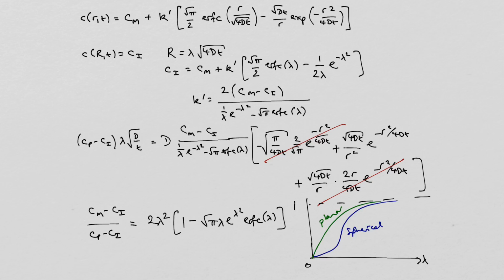Okay, so for a given value of the right hand side, the spherical geometry will have a larger value of lambda than the planar geometry. In other words, lambda is what scales the precipitate size. So it means, in a way, the velocity of the spherical one is faster. The interface moves faster there than for the planar one.